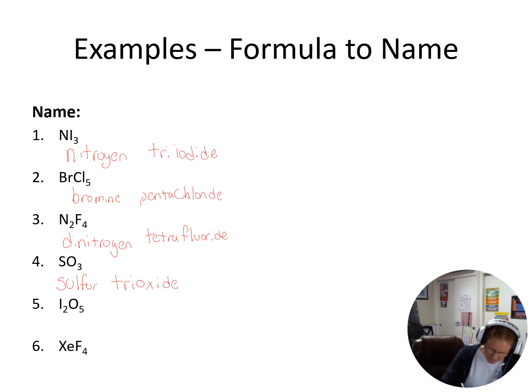Here should be diiodine pentoxide. And the last one should be xenon, sorry, I had an old example that was F6. This one's F4, so this is xenon tetrafluoride.